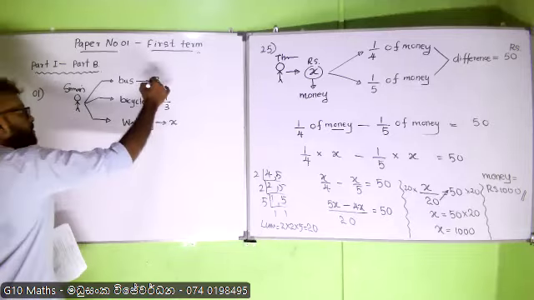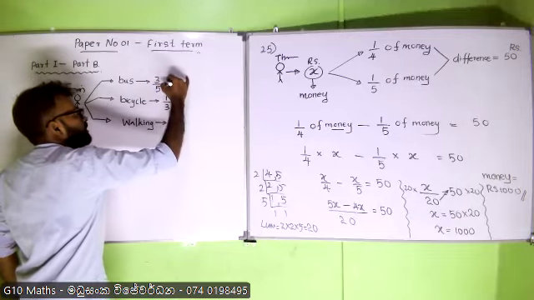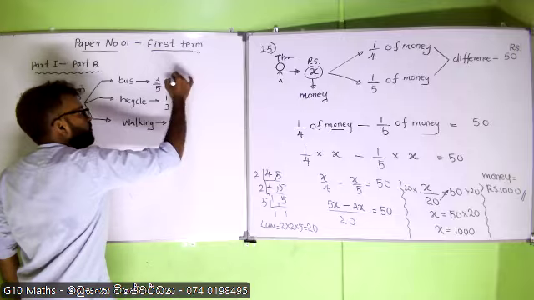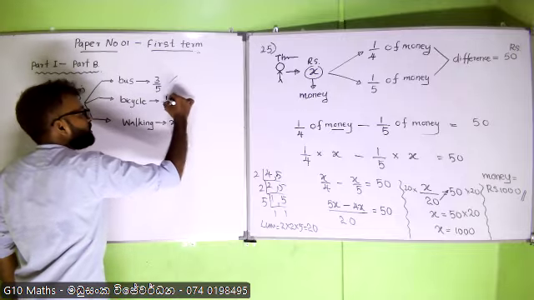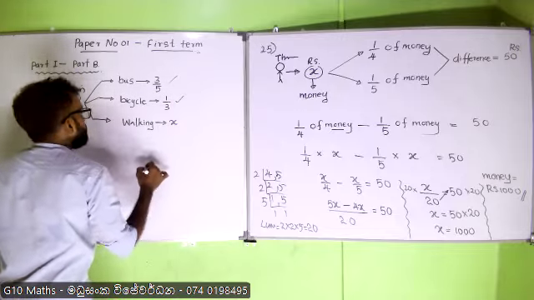So by using the bus, he has traveled 3/5. By using the bicycle, he has traveled 1/3.